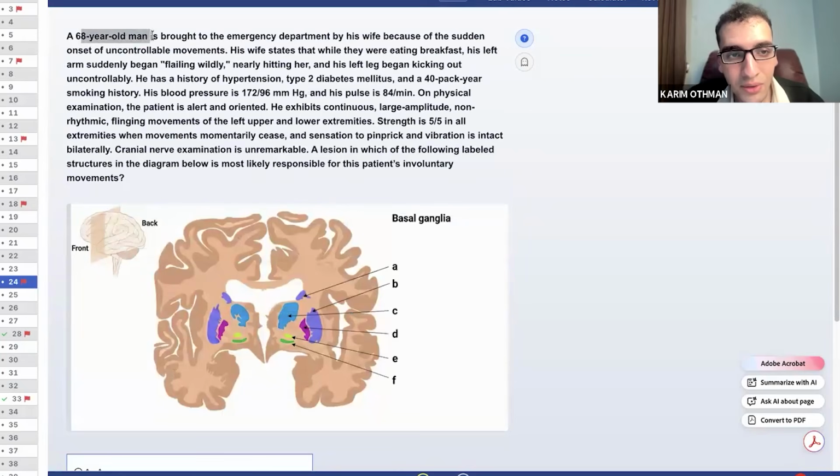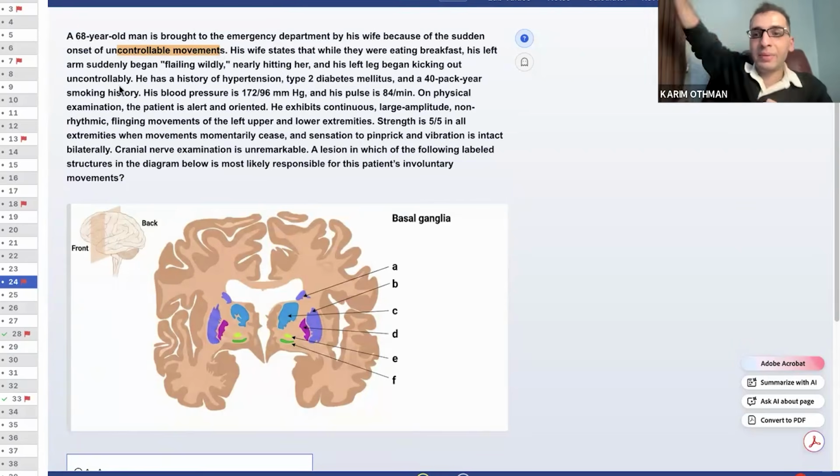So a 68-year-old man is brought to the emergency by his wife because of sudden onset of uncontrollable movement. His wife states that while they were eating breakfast, his left arm suddenly began flailing wildly, nearly hitting her, and his left leg began kicking out uncontrollably. He has a history of hypertension and diabetes and is a smoker. Blood pressure is 170.